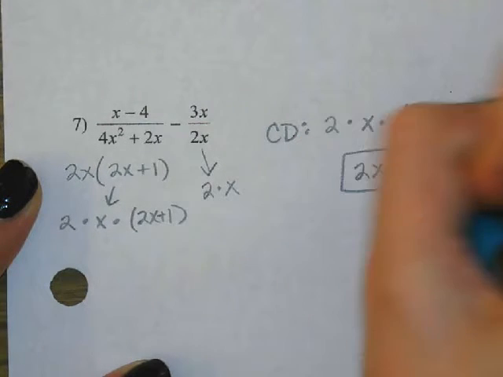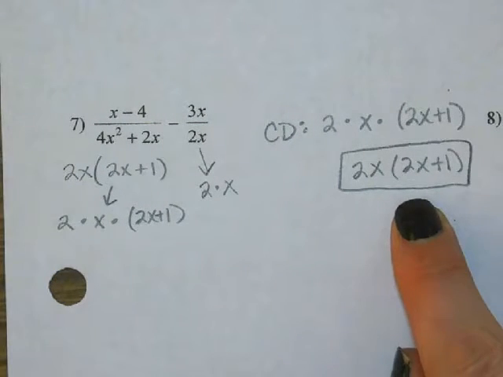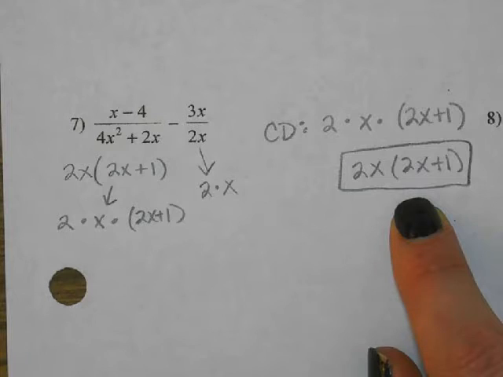Whenever we have a common denominator that's written with parentheses as its factored form, we're going to leave parentheses in our common denominator. For today, it doesn't make a lot of sense, but later on in the unit, you'll be like, yeah, I like it when it's factored. It helps you to be lazy in the future, which is always a good thing. Well, not always a good thing, but a good thing always.